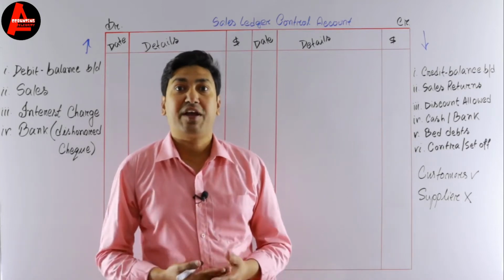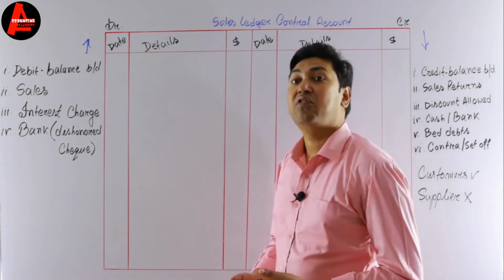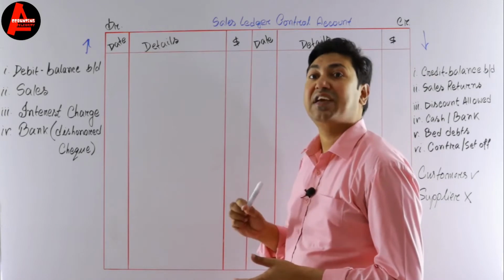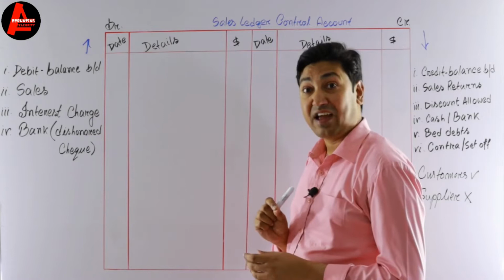Okay, so what do we generate in the sales ledger control account? We calculate the closing balance of trade receivable, which is a current asset. I repeat, trade receivable, which is a current asset.